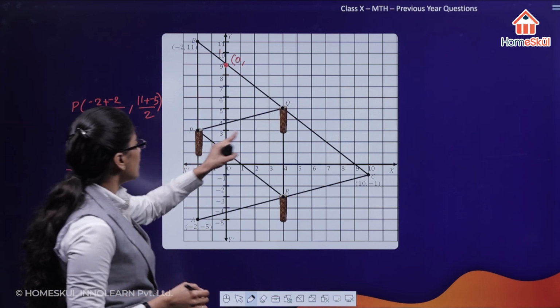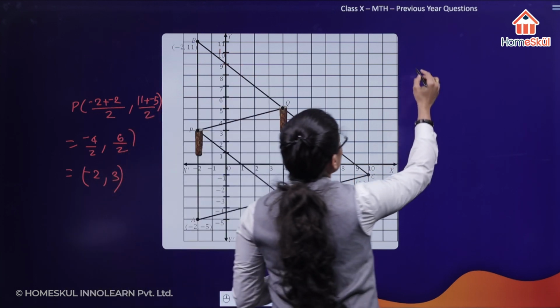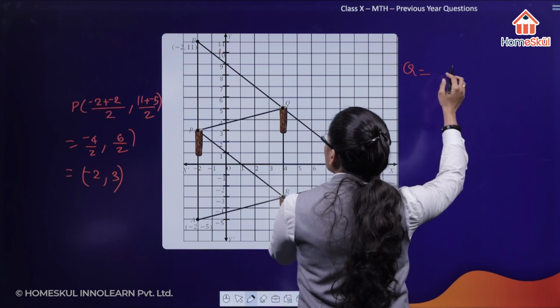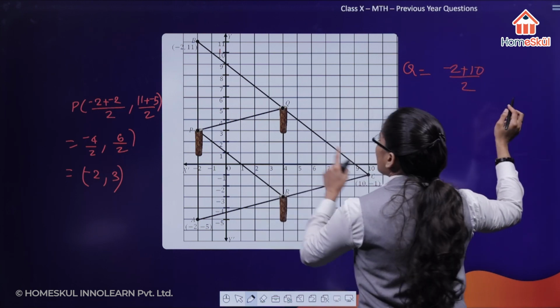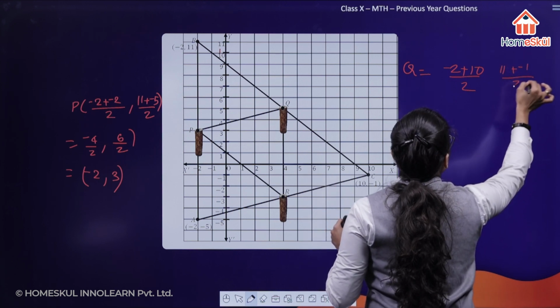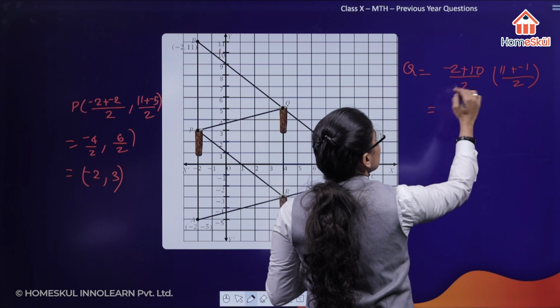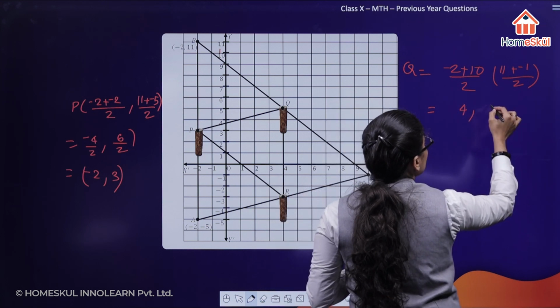Let's also find out the coordinates of Q. Q is the midpoint of B and C, isn't it? So Q, the midpoint of B and C, will be (-2 + 10)/2 and the y coordinate is (11 + -1)/2. 10 - 2 is 8, 8 by 2 is 4, and 11 - 1 is 10, 10 by 2 is 5.